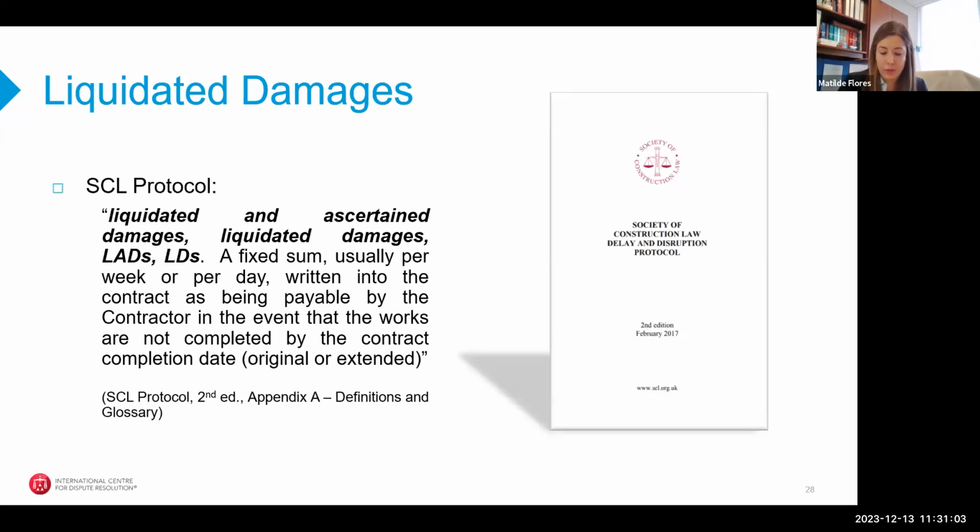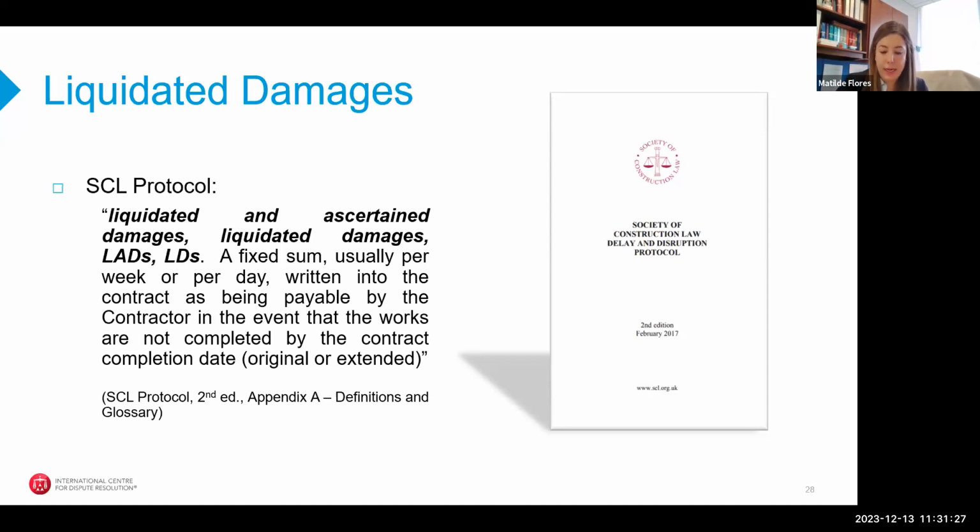So unlike an extension of time that Emily just discussed, which purely concerned an extension of time, an LD is actually monetary compensation. And they are the primary remedy, and often the only remedy, available for the employer in the event that the contractor fails to meet the completion date.